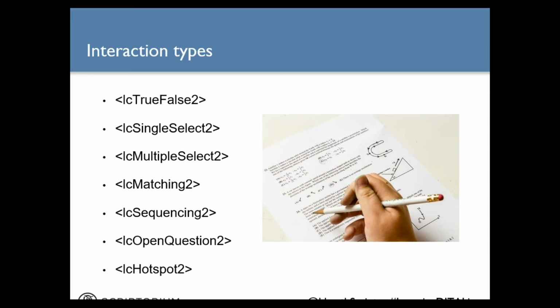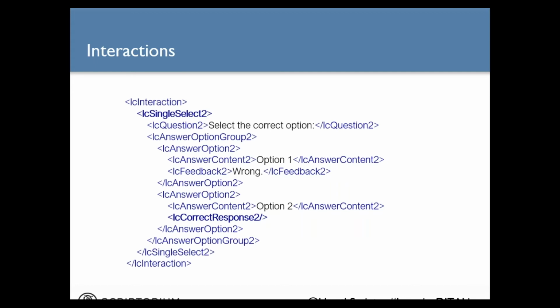Let's look at an example of a single select interaction. We're not going to go through all of the question types, but again, I encourage you to go to the learning and training course on learningdata.com, because there's some more thorough explanation and examples in there. So you can see this LC interaction would be inside of our learning assessment body.